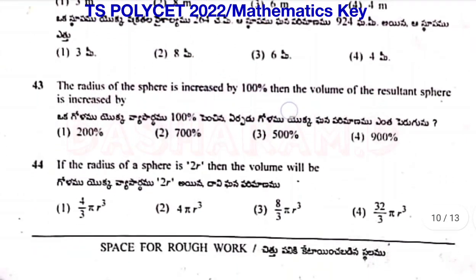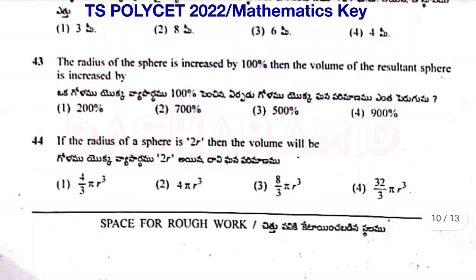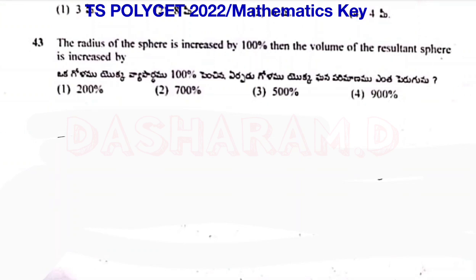Next to question number 43. The radius of the sphere is increased by 100%, then the volume of the resulting sphere is increased by? So generally, r is the original radius of the sphere, now increased by 100%, so the radius will change, denoting it with r1. How much increased? 100%.